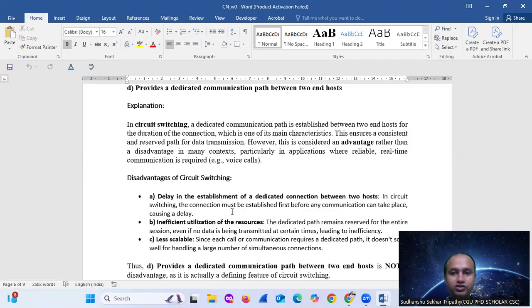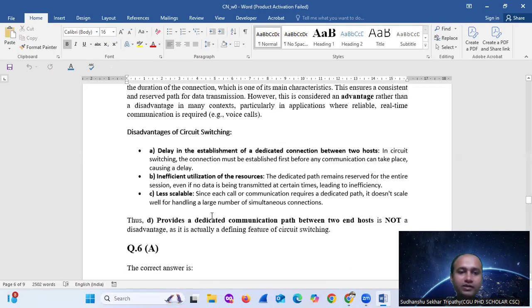However, this is considered an advantage rather than a disadvantage in many contexts. So this was asked about advantages, particularly in applications where reliable real-time communication is required, that is voice calls. So what will the disadvantages be?